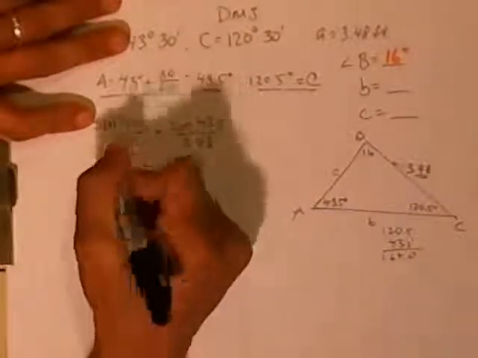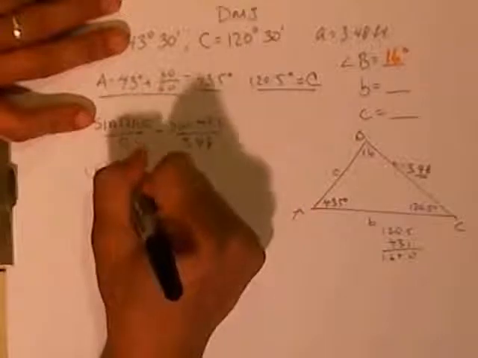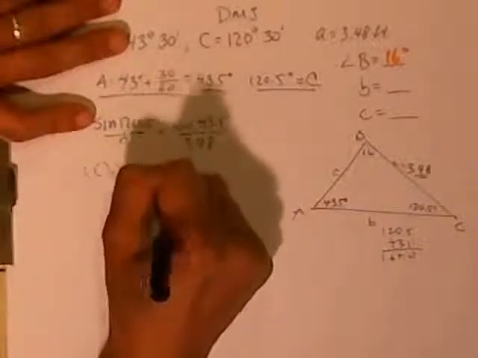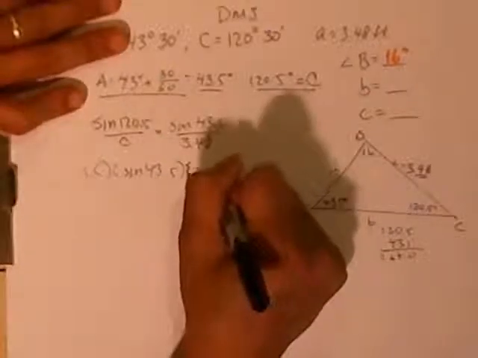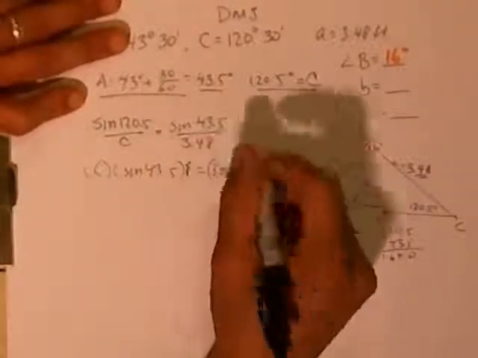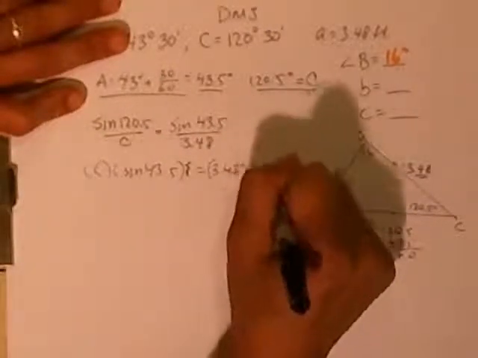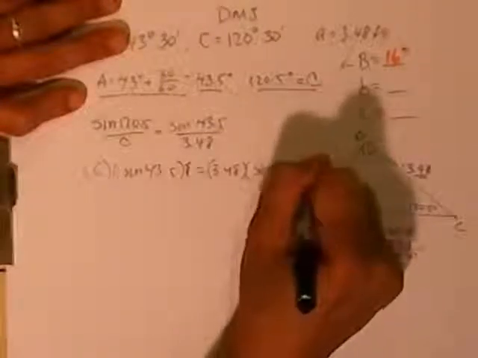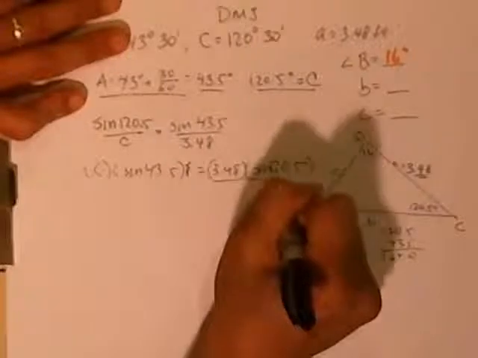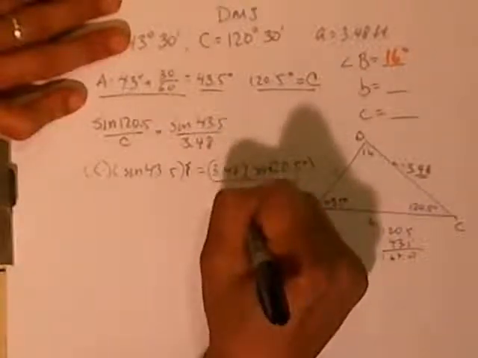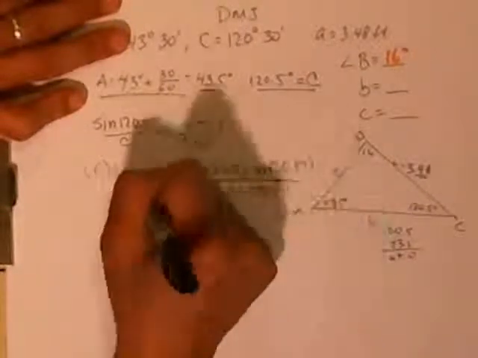Cross multiply, c times the sine of 43.5 is equal to 3.48 times the sine of 120.5. Solving for c, I divide by the sine of 43.5. That gets rid of that.